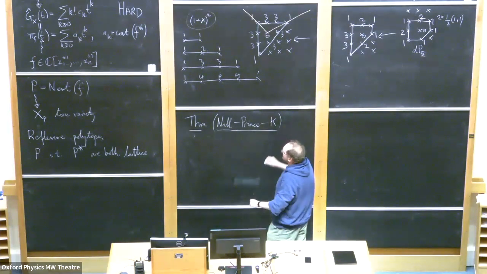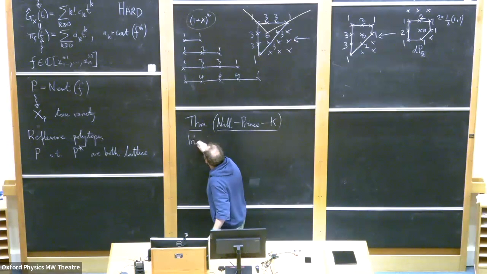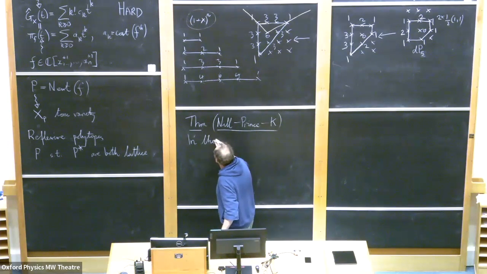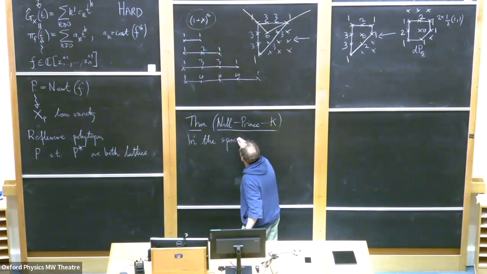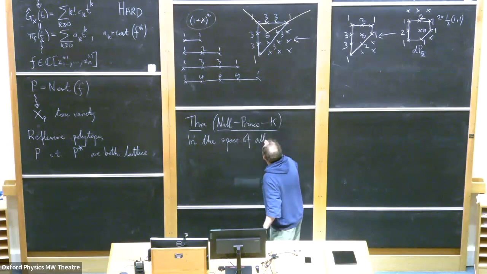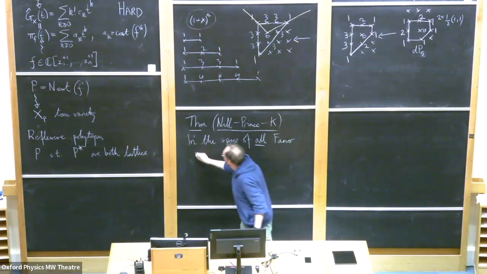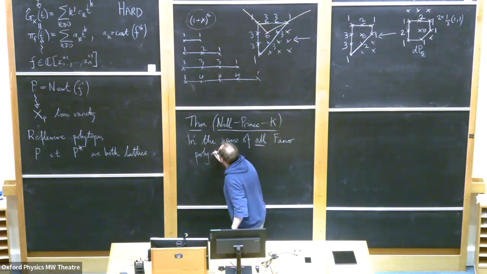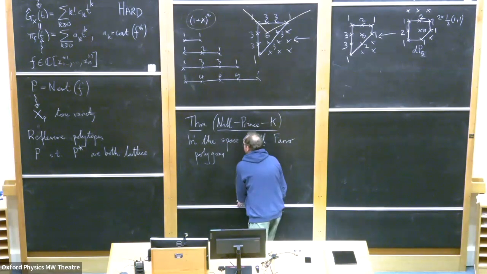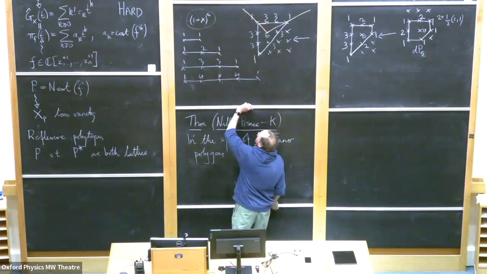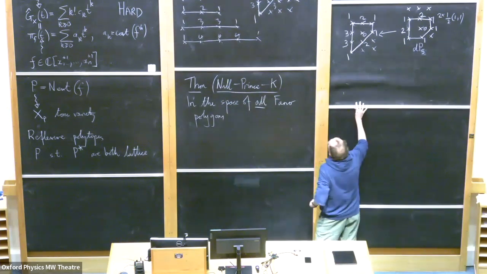Basically, in the space of all Fano polygons, you're going to have to excuse a little bit of hand waving here.